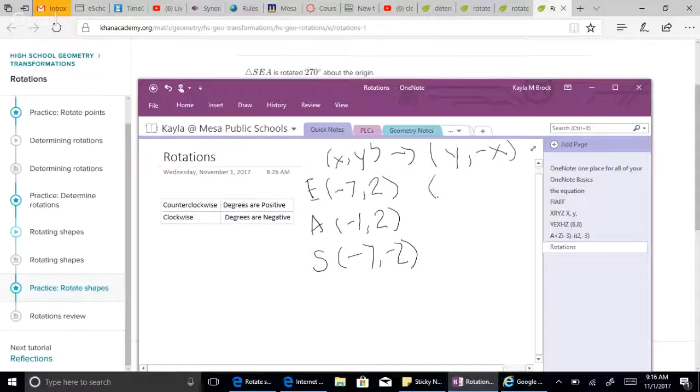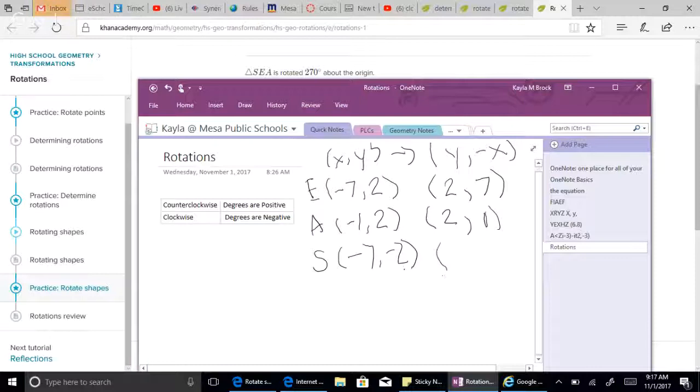So I'm going to write my y first. I have 2 comma, this is already a -7. When I add the negative, it's going to be minus minus, which will turn into a plus. 2, again, I'm adding that negative, so this is going to turn into a positive.